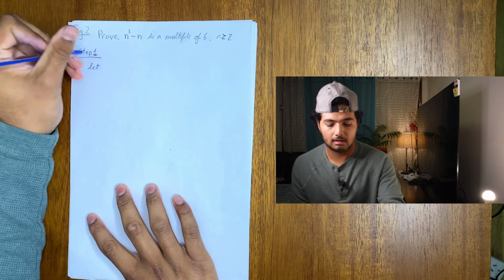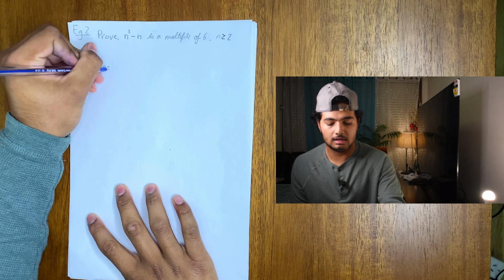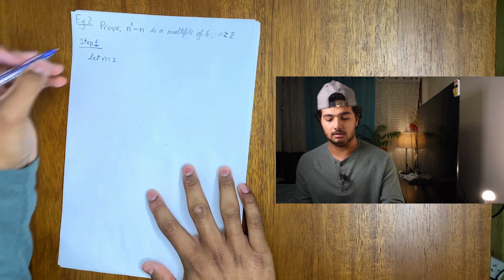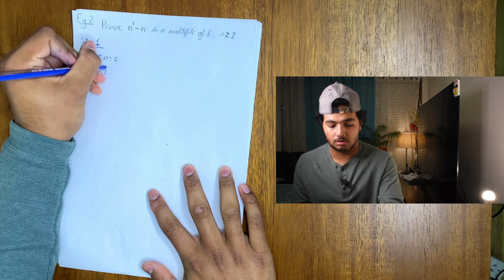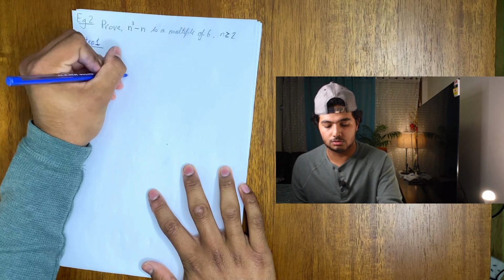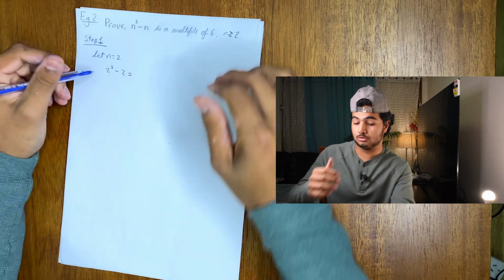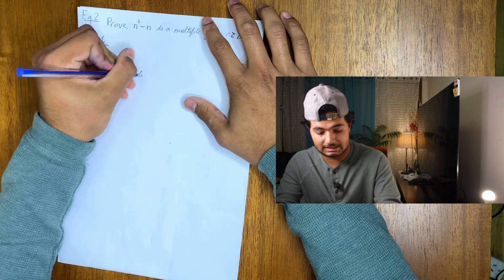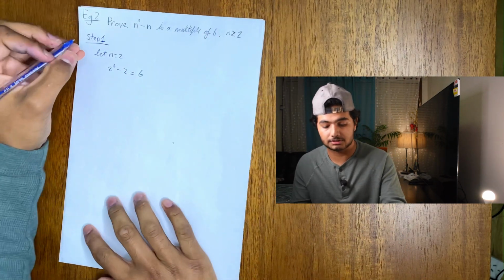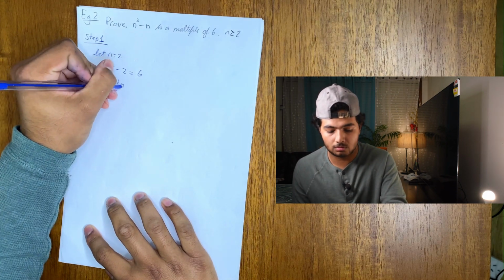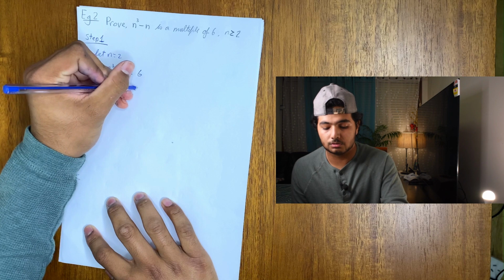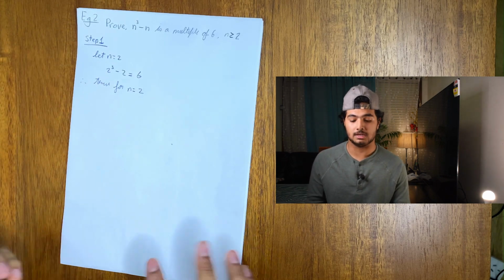Let n equal 2 and sub that in: 2 cubed minus 2 equals 8 minus 2, which is 6, a multiple of 6. Therefore, true for n equals 2.